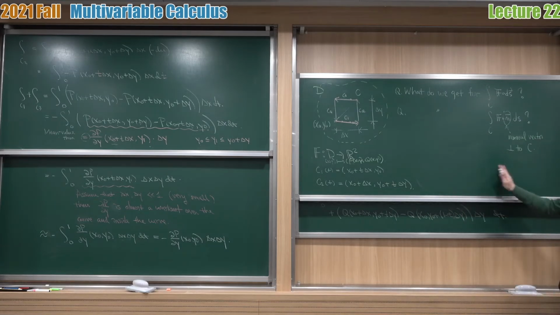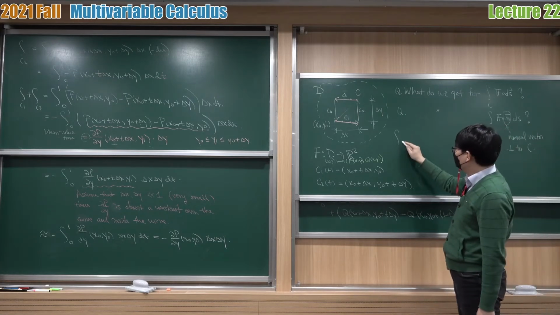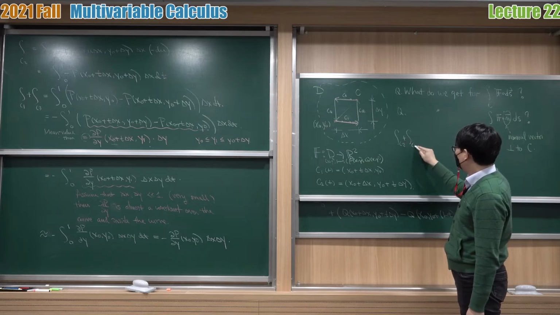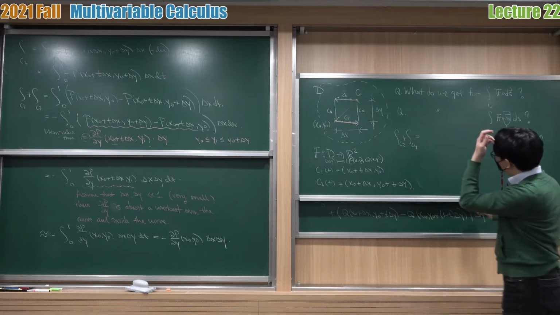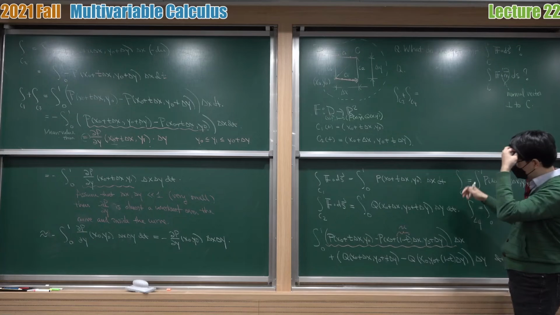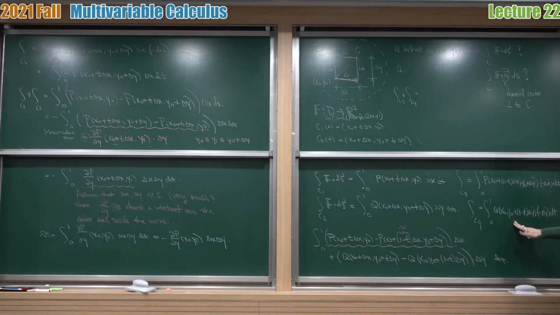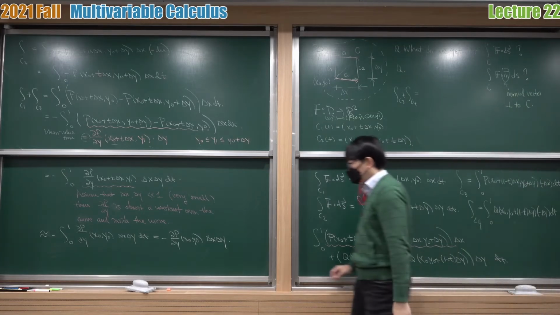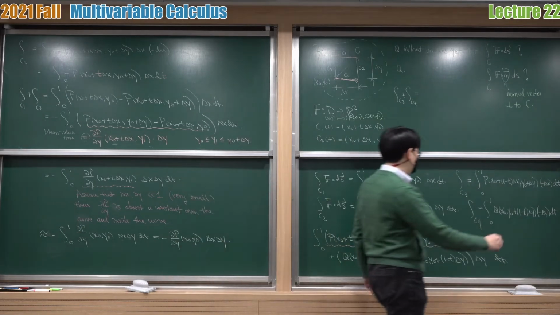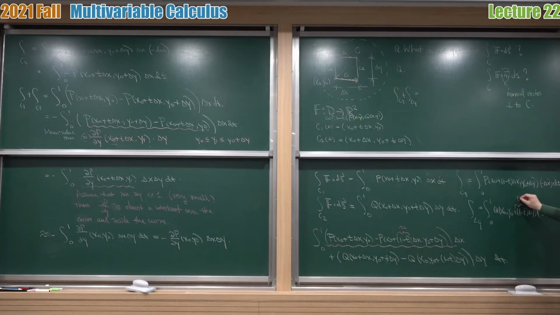All right, so what's next? We have to add C2 and C4. So look at this, C2 and C4. We are going to do the same thing. Let's replace 1 minus t here as u again.